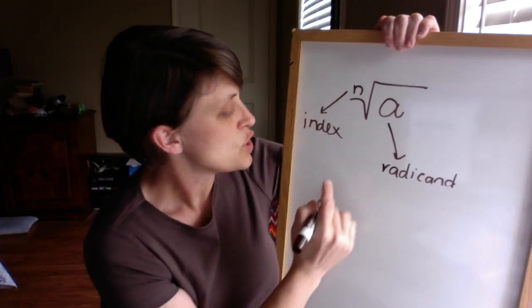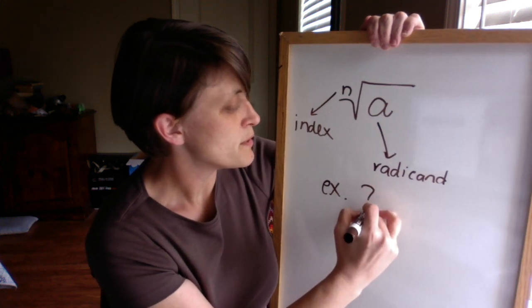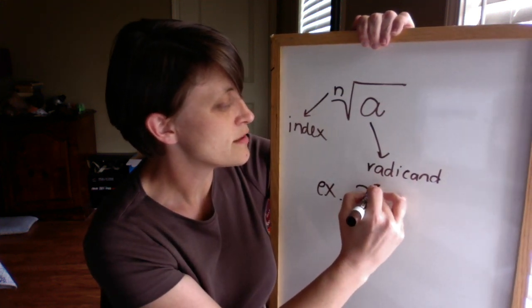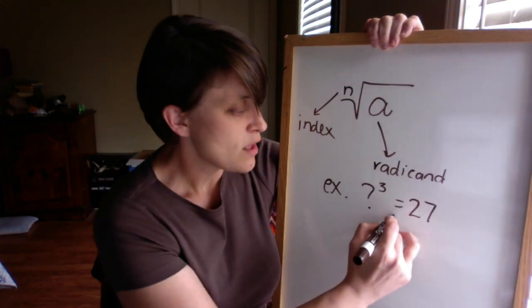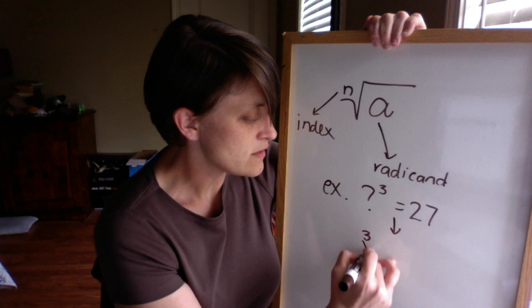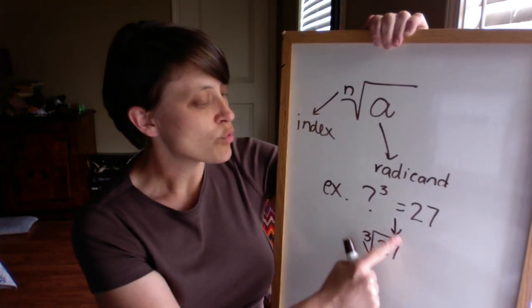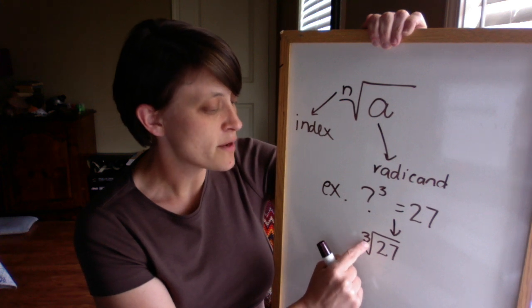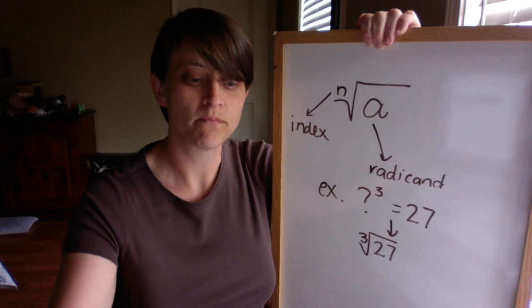In other words, we're answering a question like, what number needs to be raised to the third power to give us 27? What we're doing there is taking the cube root of 27. So what a root asks you to do is find the number that needs to be raised to this power in order to get the radicand.